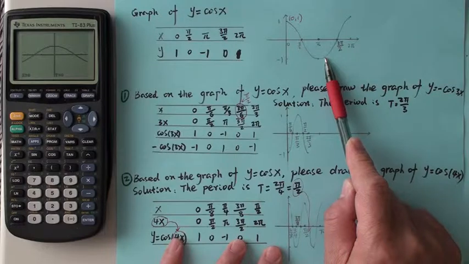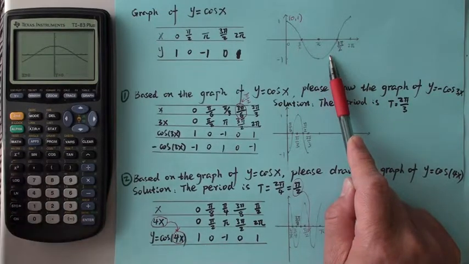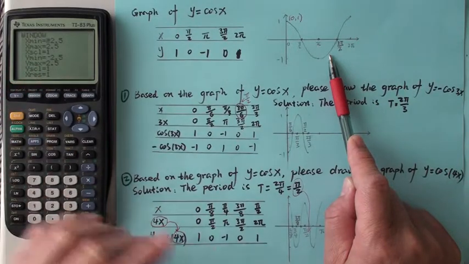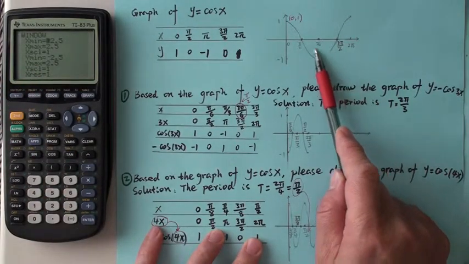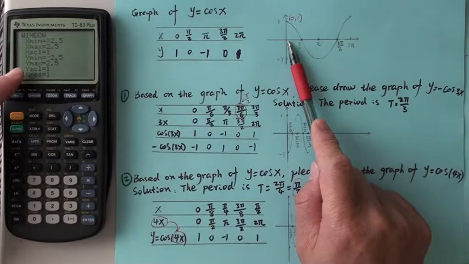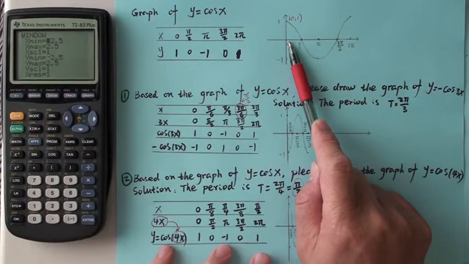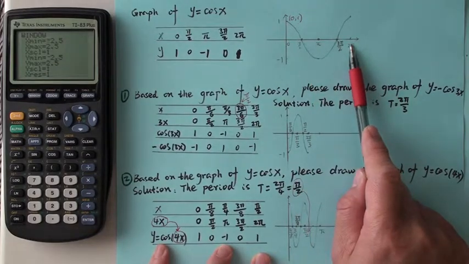Down here, in the window when you zoomed in, the x coordinate is from negative 2.5 to positive 2.5.